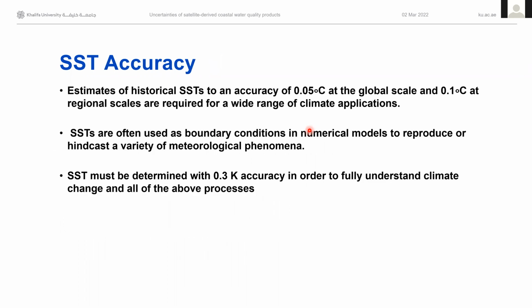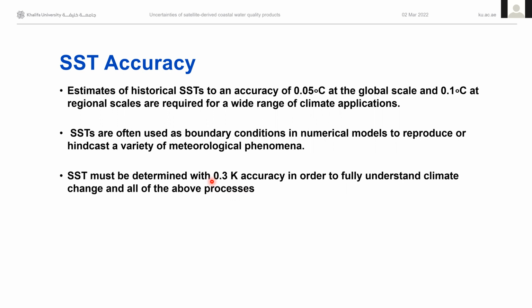Okay, so based on this, these satellites have been given different accuracies. However, to use the SST for climate change effect, we need to have an accuracy around 0.3 Kelvin.